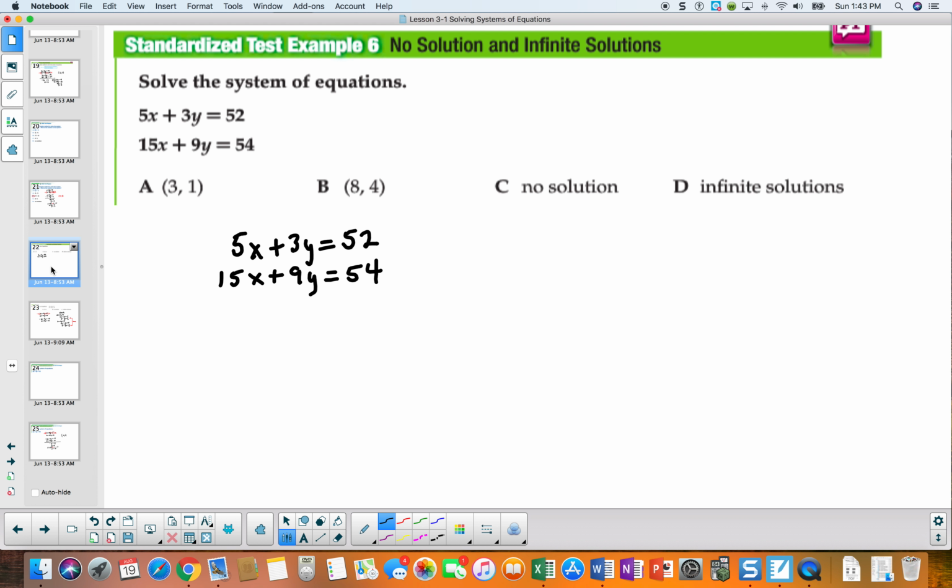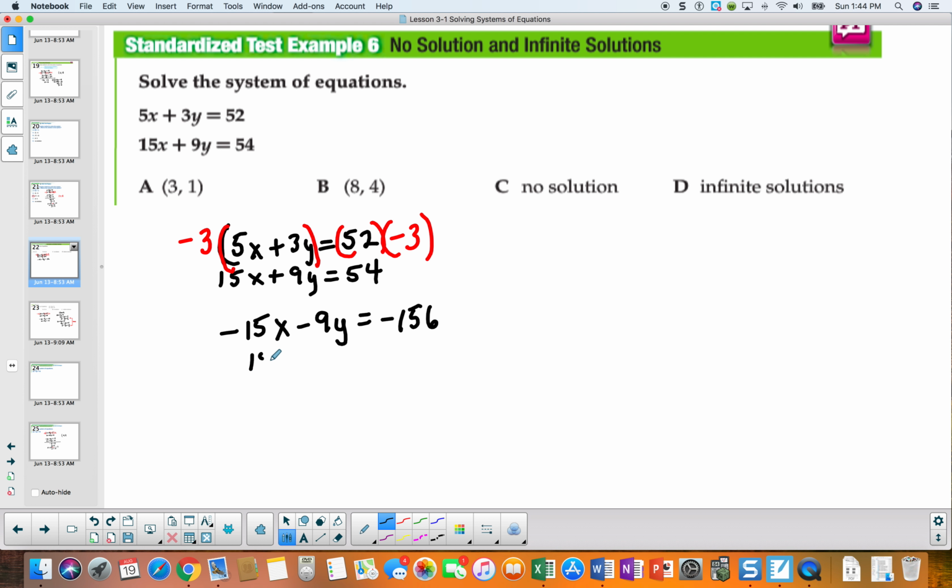All right, let's take a look at solving a system again. In this situation, I don't have opposite variables, so what I'm going to do is multiply this side by, if I want to eliminate the x's, negative 3, and multiply this side by negative 3. Okay, so now what I have is negative 15x minus 9y equals negative 156.